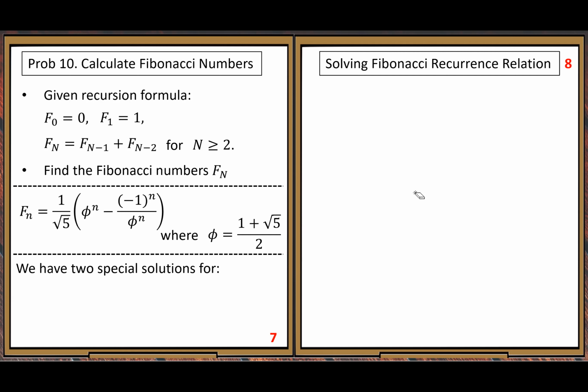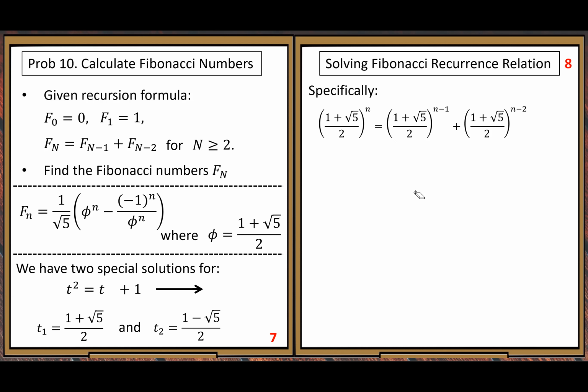Here we have two special solutions for this quadratic equation, t1 and t2. That means if we plug t1 or t2 into the original recurrence relation formula, we have the first expression by plugging in t1, and the second by plugging in t2.